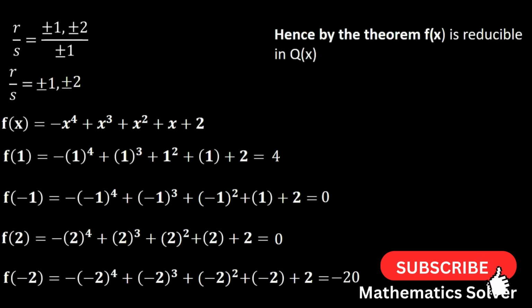Since negative 1 and 2 are roots of f of x, then by the theorem, f of x is reducible in Q of x, because f of x has roots negative 1 and positive 2.